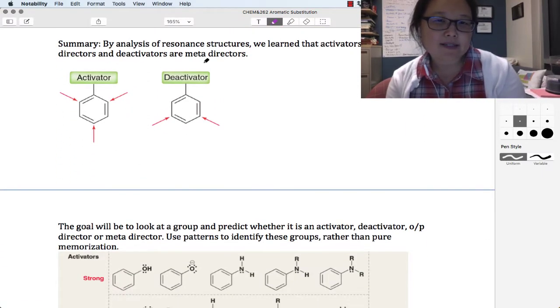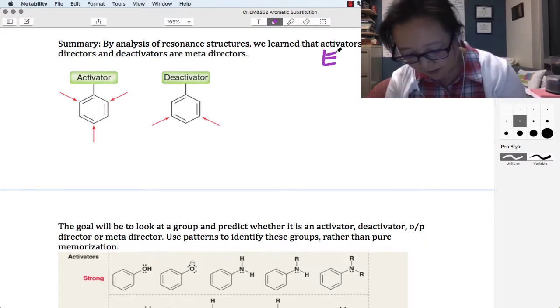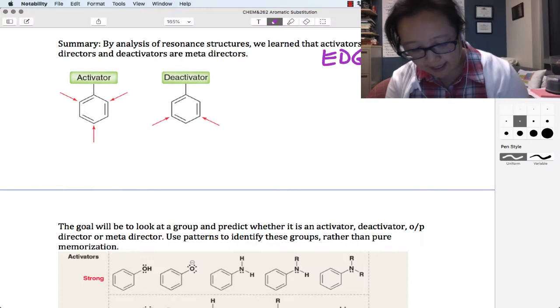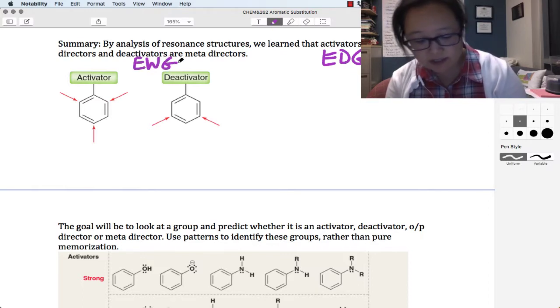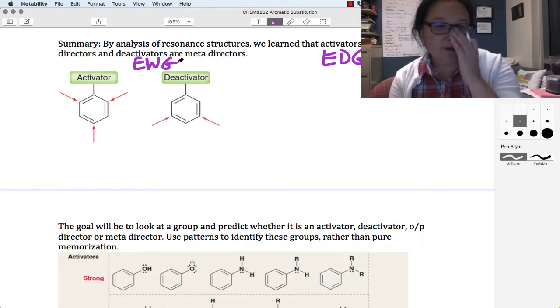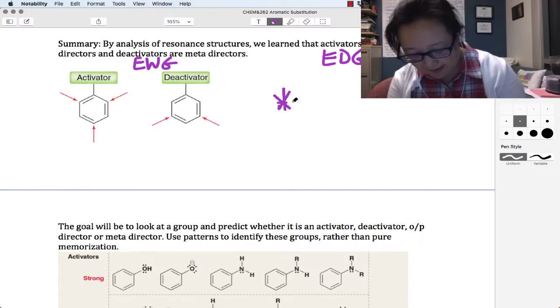Okay, so here's a summary. Activators, or electron donating groups, are ortho-para directors, and deactivators are electron withdrawing groups, and they are generally meta directors. The only exception to all this are halogens.